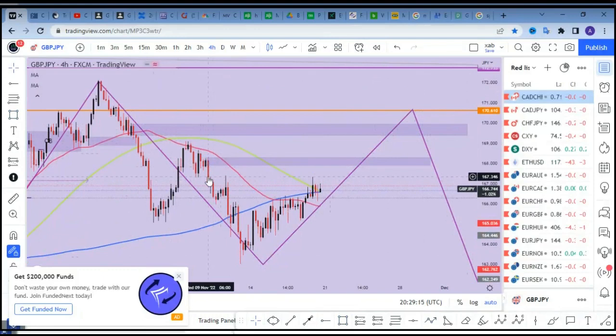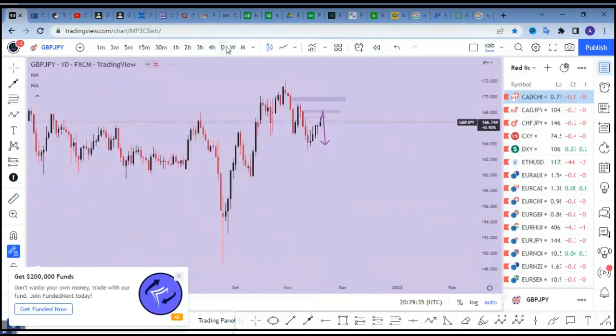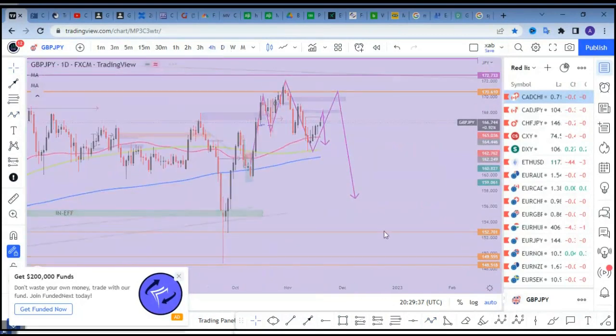So I'm saying this imbalance here, possibility of this playing out as an equal highs liquidity grab, such that we get this and then this. Very, very likely. It's all still part of the overall AMD pattern.